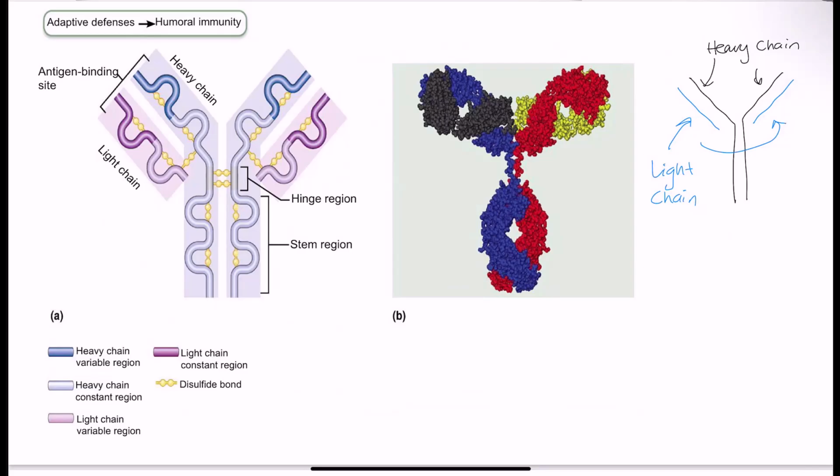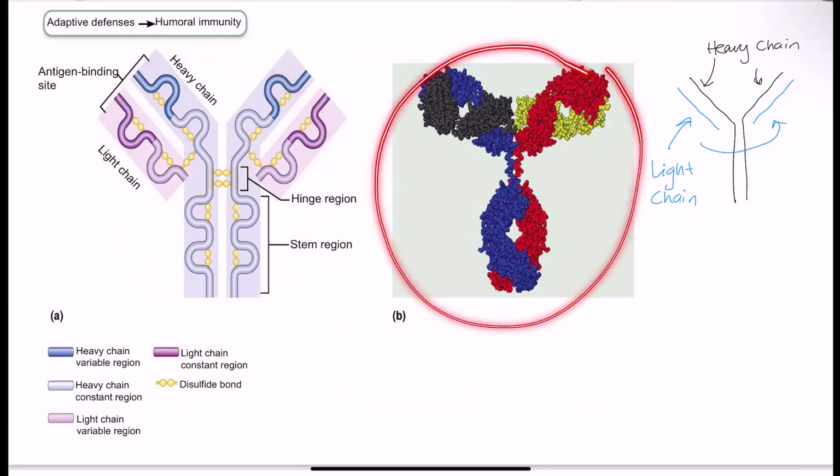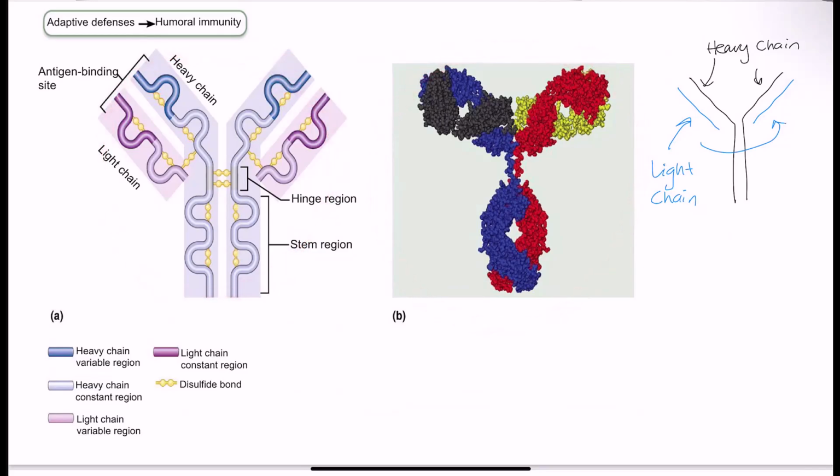They have a very specific structure, and these small changes can make them really different, like they bind to a different antigen. This is the cartoony version of an antibody, and this is the actual protein structure. I don't really care that you know about the protein structure, except that it's important to remind you that proteins have a really specific structure, so any small changes can make them super different.